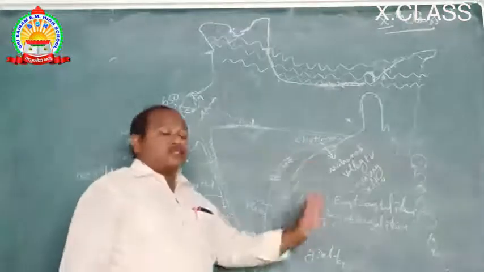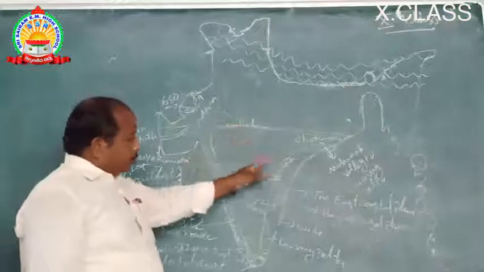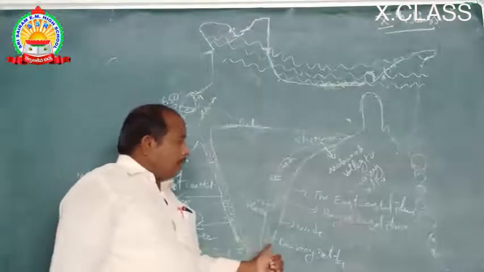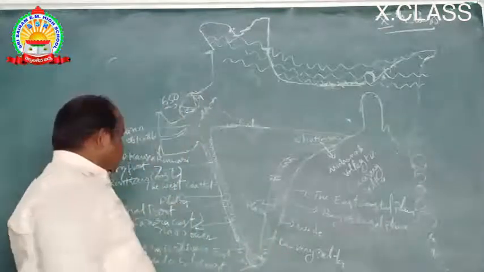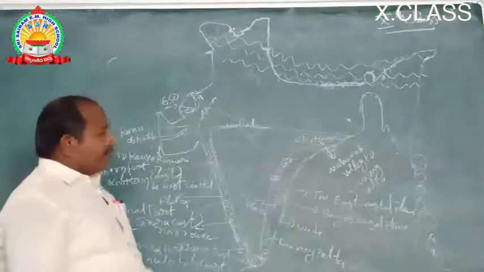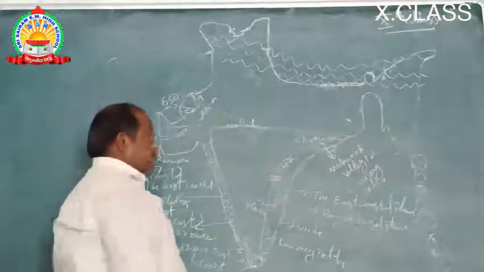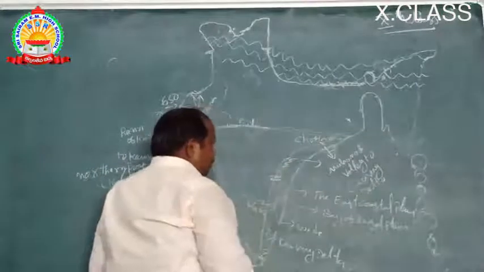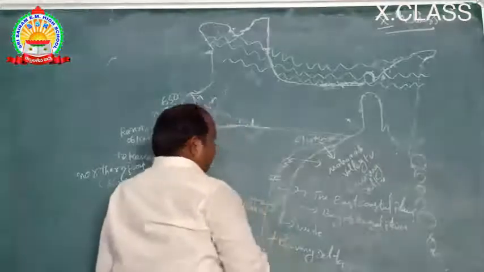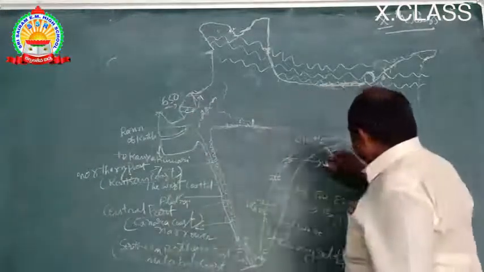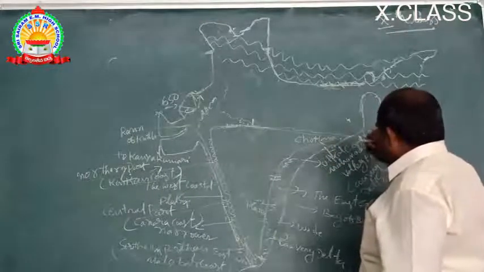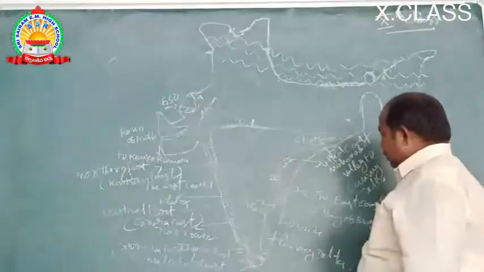Now we discuss the east coastal plain. It starts from the Mahanadi to the Kaveri Delta. It is wider than the west coastal plain. It can be divided into northern, central and southern parts. The northern part is known as the Utkal Coast, in Odisha.